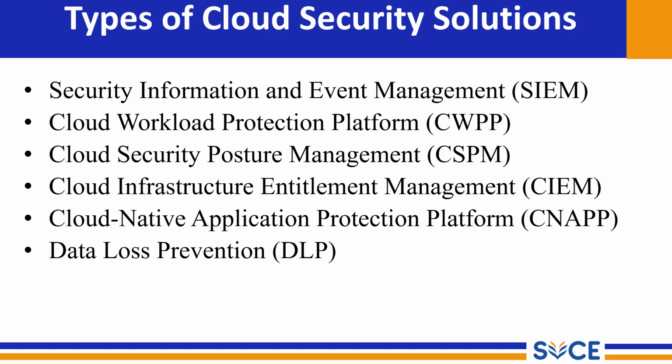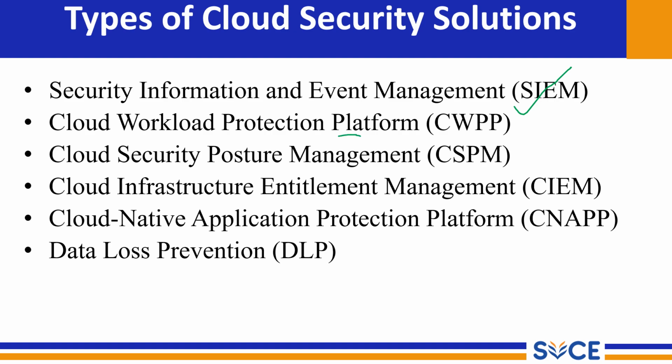is about the types of cloud security solutions. So these are the types of cloud security solutions. The first one, security information and event management, that is called the SIEM. And second, cloud workload protection platform, that is CWPP.